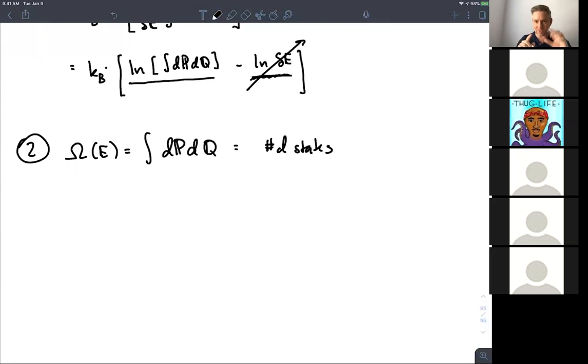Okay, so in other words, the number of states means that you look at the different possible values of the momentum and spatial coordinates, and you just count how many different values there are. In other words, this thing should be more or less a pure number. It should not have units. But now this thing does have units, right? Because this is momentum and this is position.